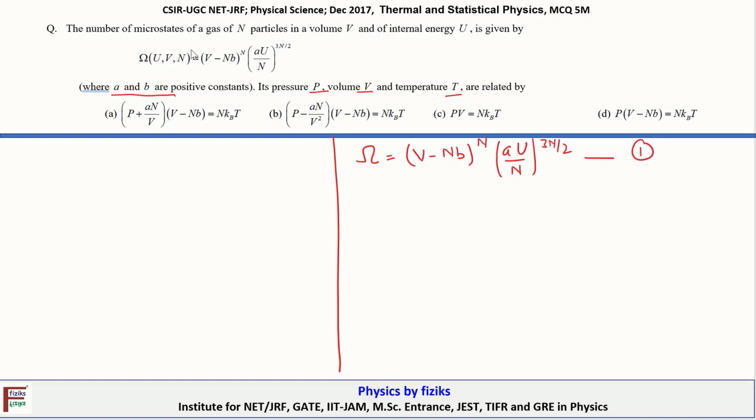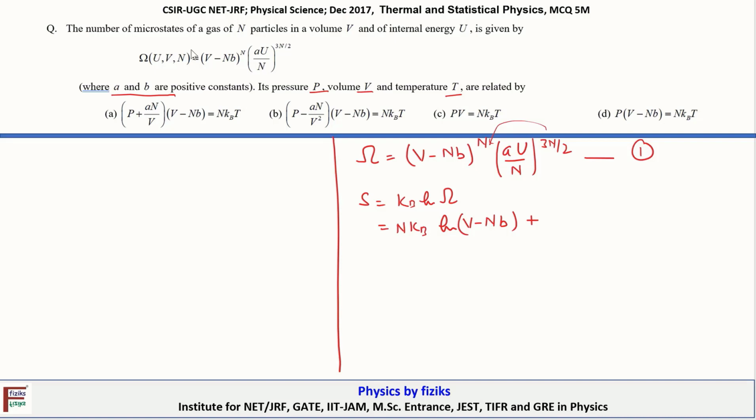Now the entropy is given as S equal to k_B ln omega. If we plug in the value of omega, we obtain k_B times the logarithm of this quantity. That gives N k_B ln (V minus N v), and then the second term: the power comes in front when taking the logarithm, multiplied by k_B.